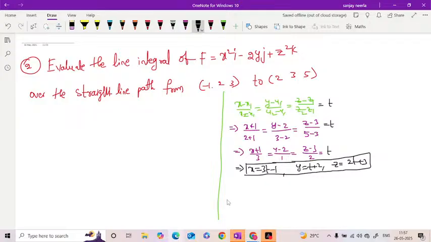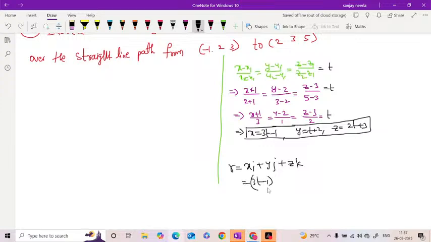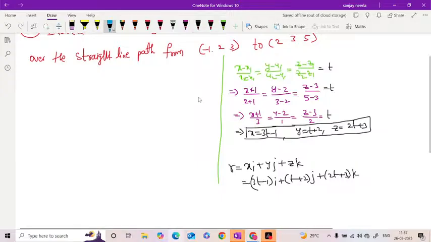Now what is our position vector? Our position vector is r is equal to xi plus yj plus zk. We can easily write the position vector here as 3t minus 1 into i plus t plus 2 into j plus 2t plus 3 into k, and simply we can find dx also.